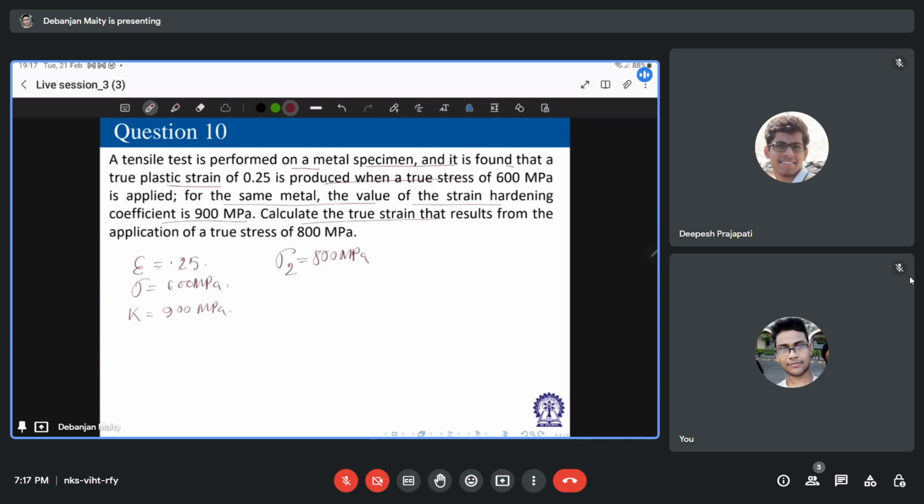So let's say these are the values. This simply means sigma 1 equals K into epsilon 1 whole to the power n, and sigma 2 equals K into epsilon 2 whole to the power n. So from here you get the value of n and put it here. K value is the same. Okay.